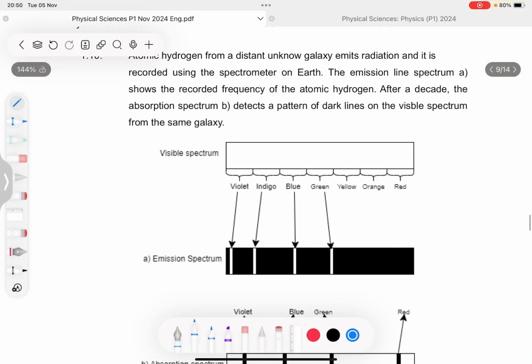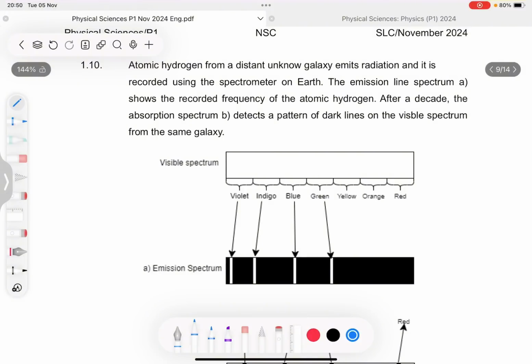So let's break this question down. So we have a distant galaxy that has hydrogen atoms in it. Then we use a spectrometer on Earth as a device that will detect the type of light that we receive from other objects, like in this case, the galaxy, right?